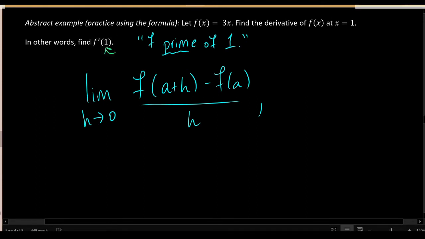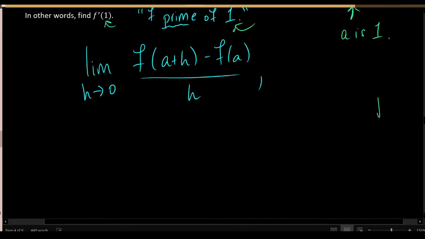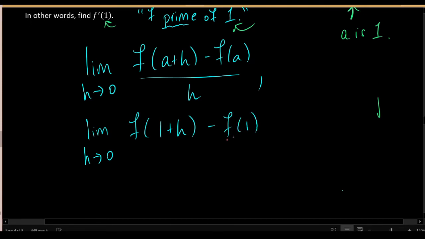So a is the number that's plugged in next to f prime. A is 1. A is the given x value. So what am I trying to find? I'm trying to find the limit as h approaches 0 of f of 1 plus h minus f of 1 divided by h. That's what I'm trying to find here.